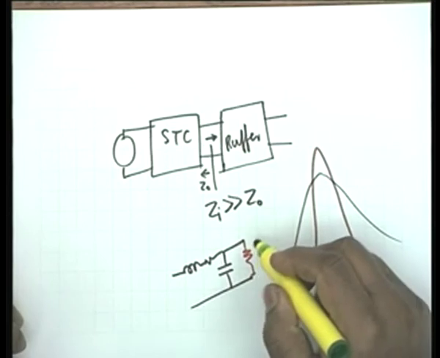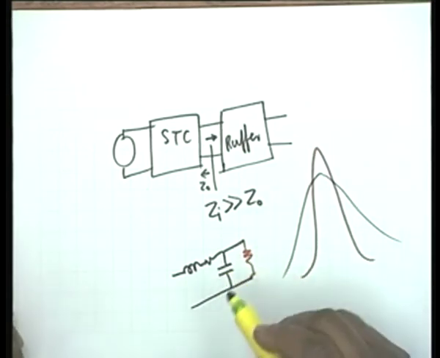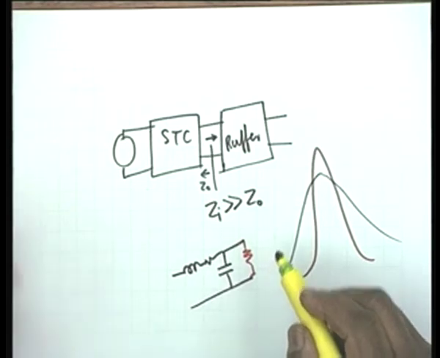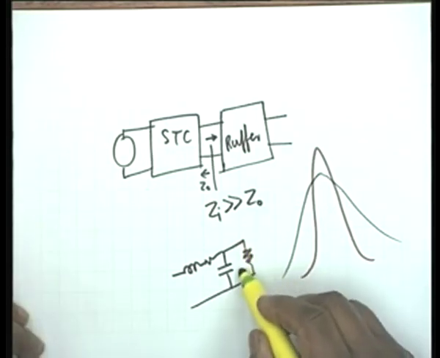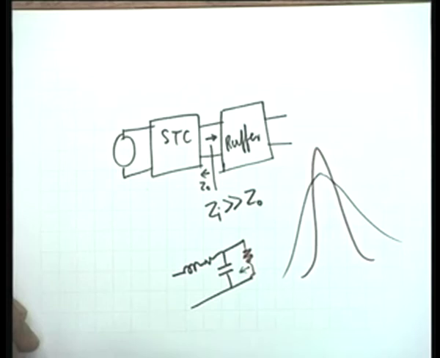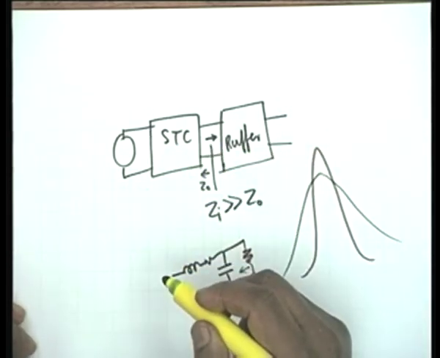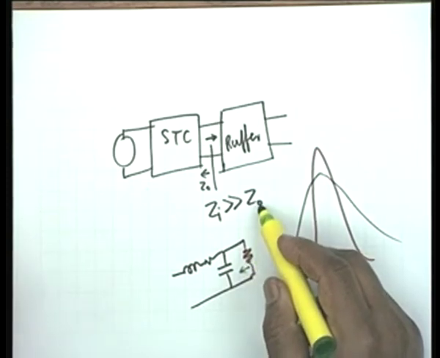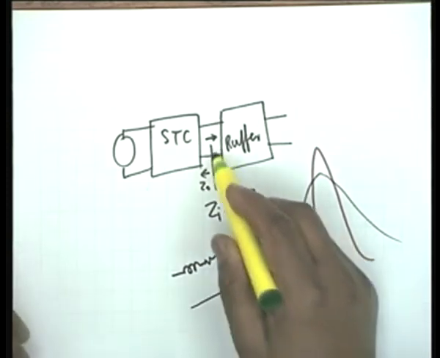Alright. So what we want is that this capacitance should not be loaded, and the way to ensure that is that if you see the Thevenin equivalent impedance of the single tuned circuit, this should be much less compared to the input impedance.